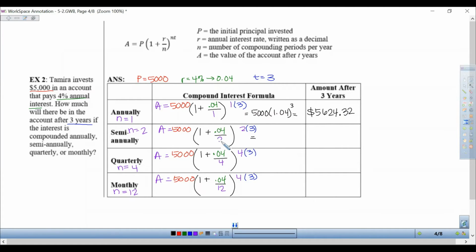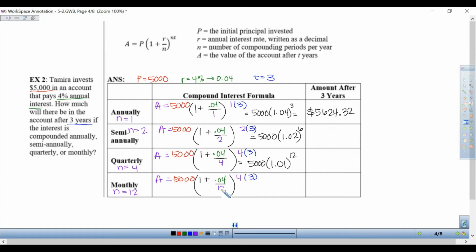So 0.04 divided by 2 is going to be 0.02. So we're going to get 5,000 times 1.02 raised to the 2 times 3, which is the 6th power. If I think about this, 0.04 divided by 4 is going to give me 0.01. So this is going to be 5,000 times 1.01 raised to the 12th power.